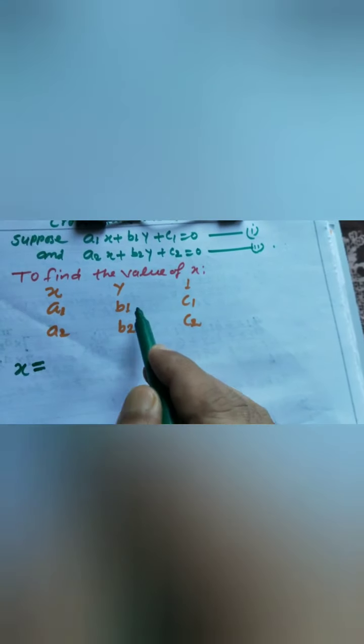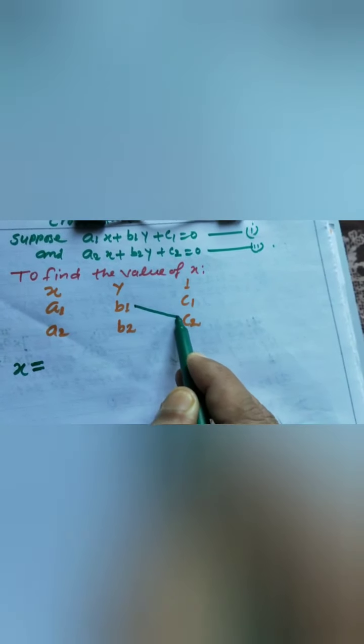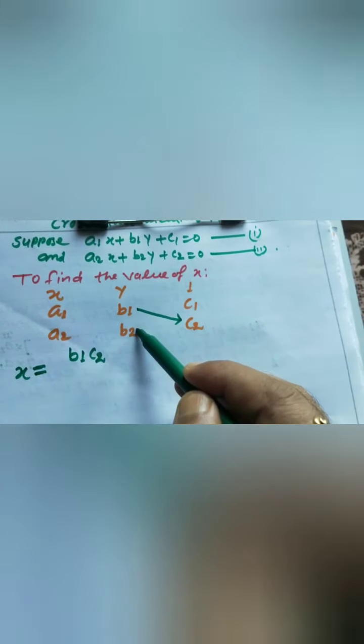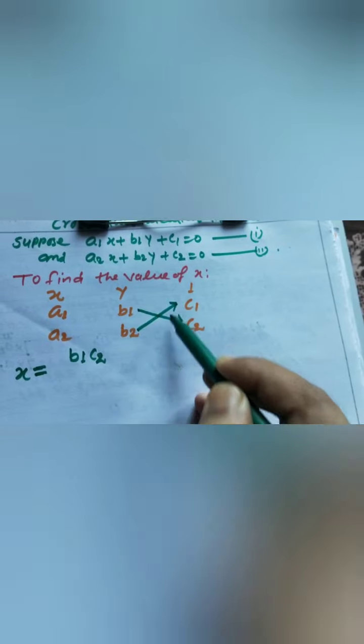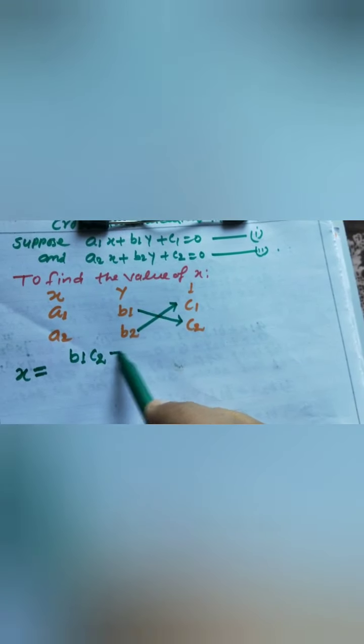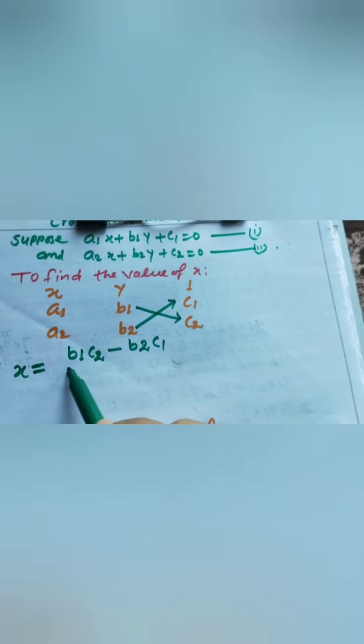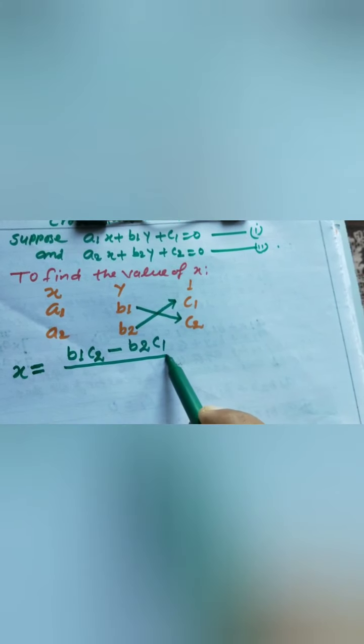Now you have to multiply like that. b1 multiplied by c2 will be b1 c2, and then you have to multiply b2 by c1, and a minus sign will be there, b2 c1, and then upon.